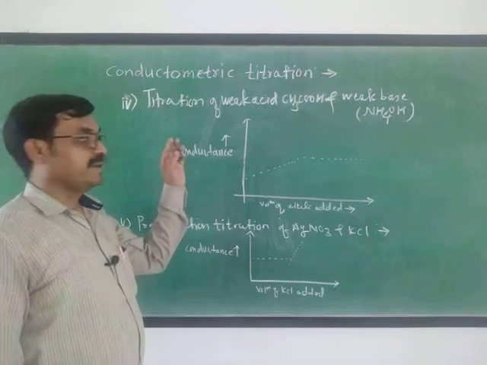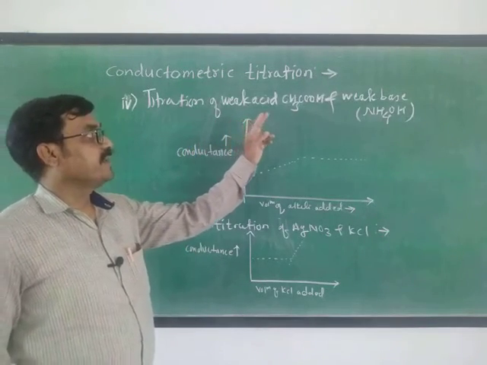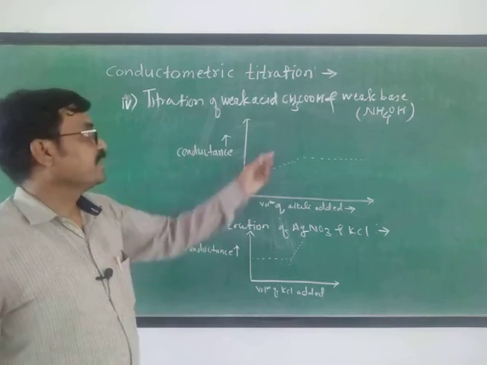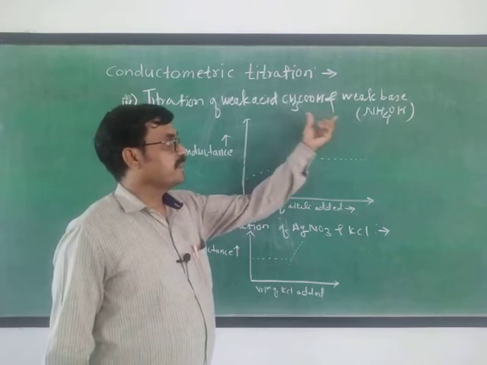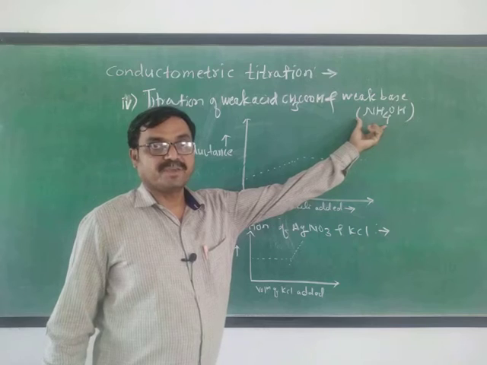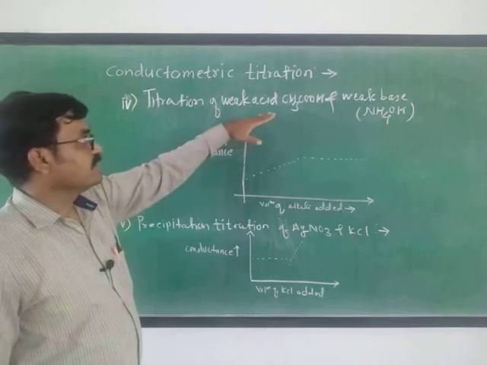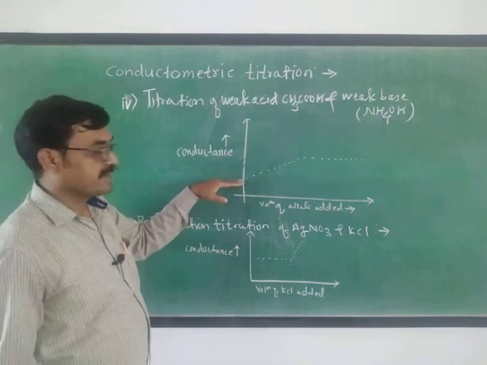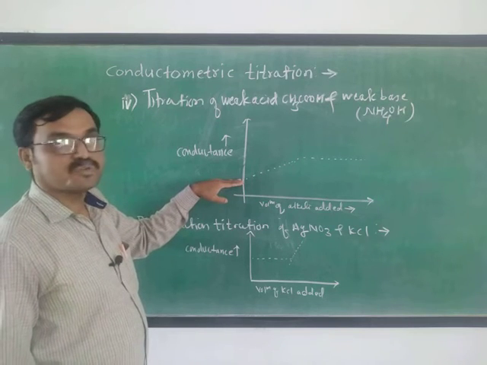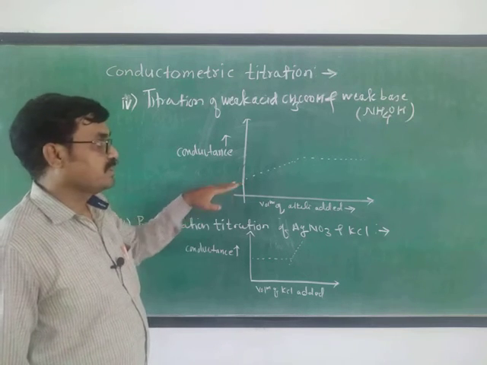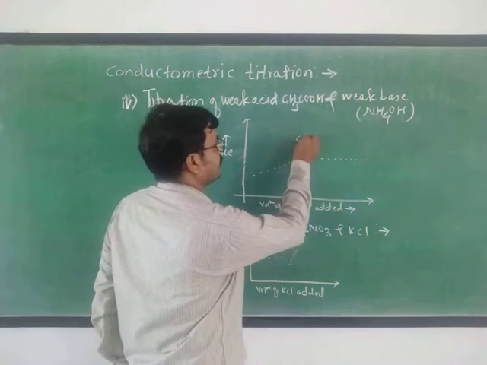See, conductometric titration of weak acid and weak base. Here acetic acid is a weak acid and ammonium hydroxide is a weak base. Initially, since acid is weak, that's why conductance is low. As soon as we add NH4OH, then what happens? The reaction takes place.